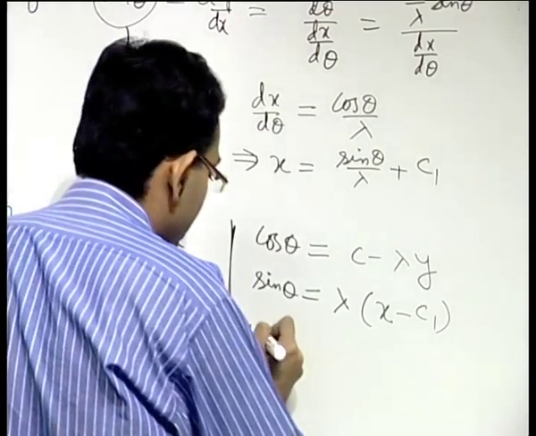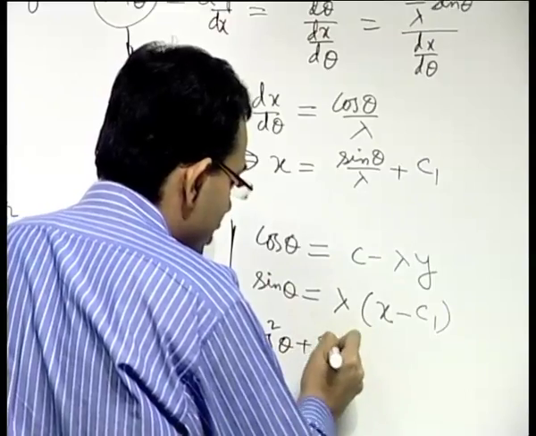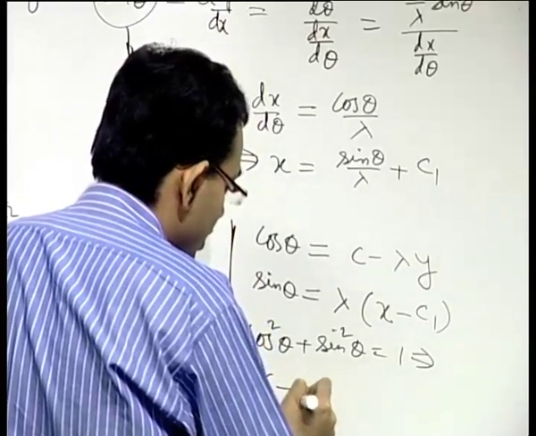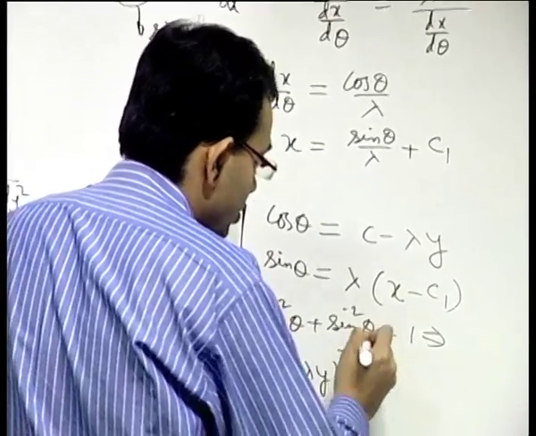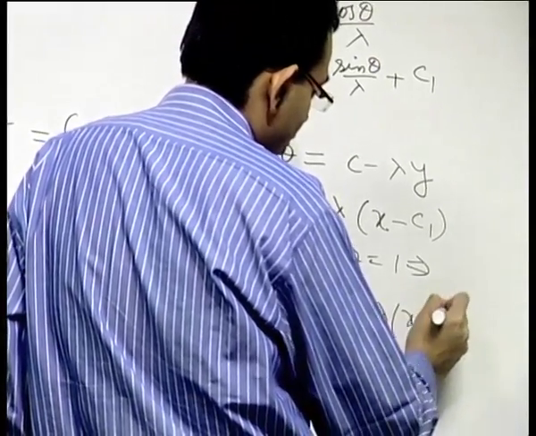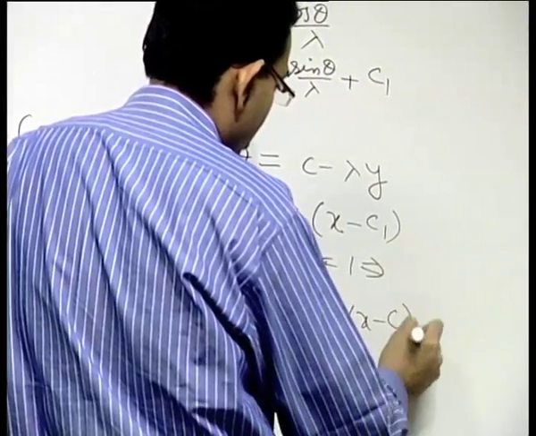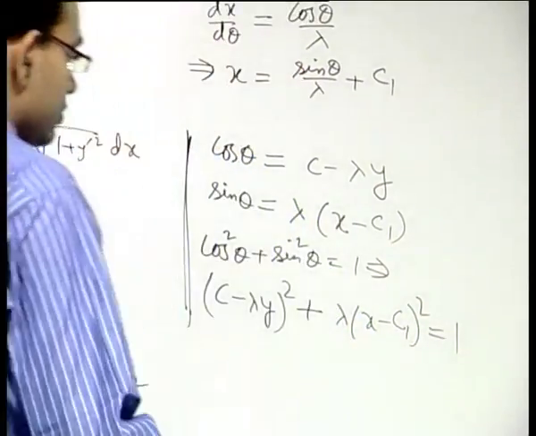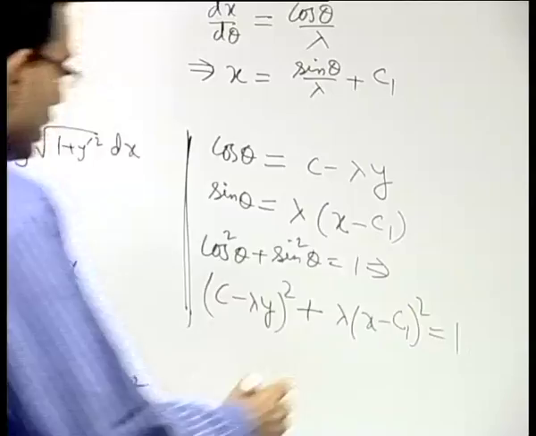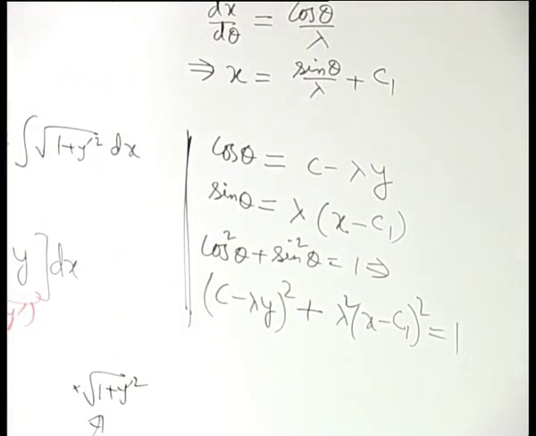You have cos square theta plus sin square theta equal to 1. This implies c minus lambda y whole square plus lambda square, right, into x minus c1 whole square is equal to 1.